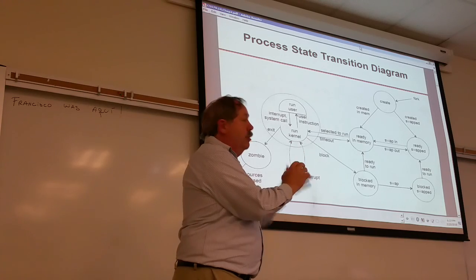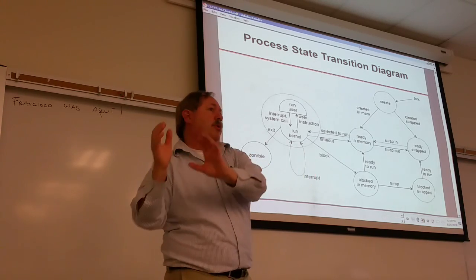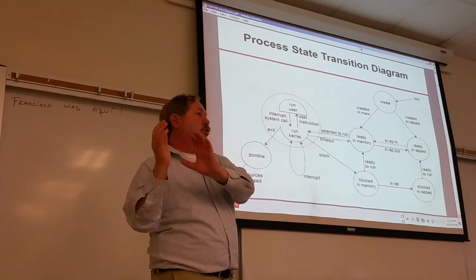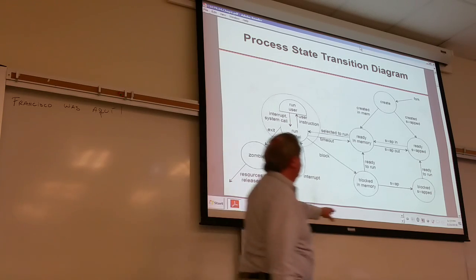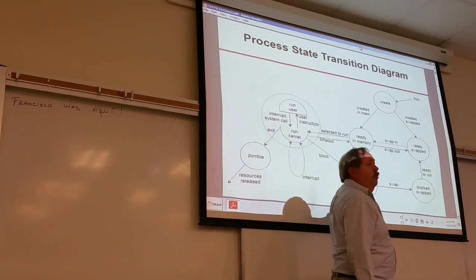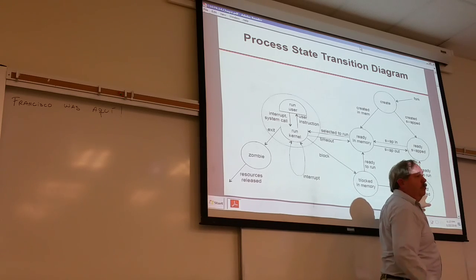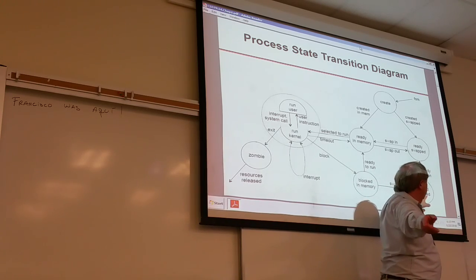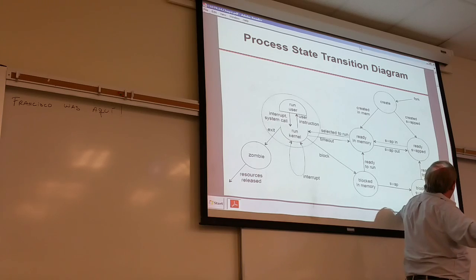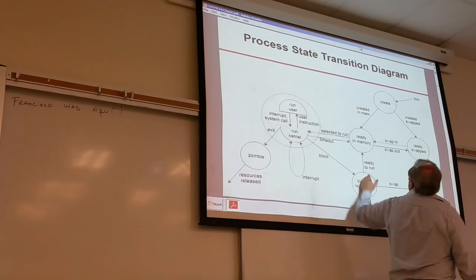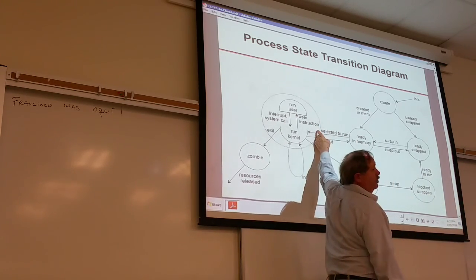We need main memory for other processes, so we take you out to what we call a swap partition. We move the contents of your process from main memory to the swapped memory out there on the disk drive. It frees up that main memory for some other process that's about to go into the run state.